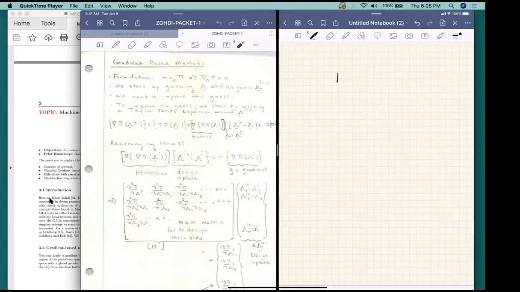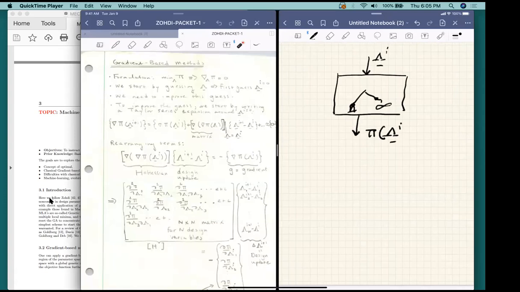So let's suppose we had our model. Deep inside of this black box is a robot doing something, right? It's squirting out stuff and making a pattern. I put in my parameters, all of my lambda i's. I get out the performance, which is pi evaluated at lambda i. Okay. Now, the question I have is, when I do this, how do I get a derivative?